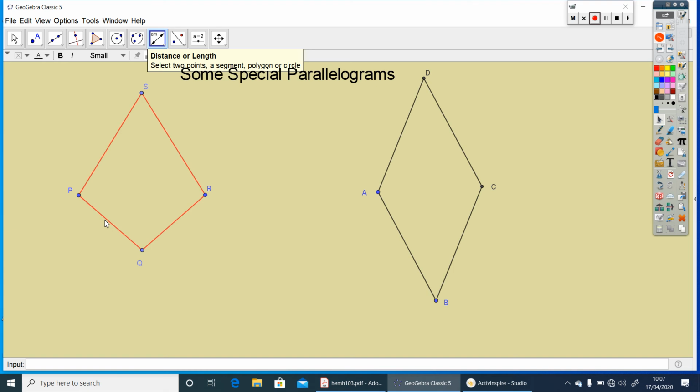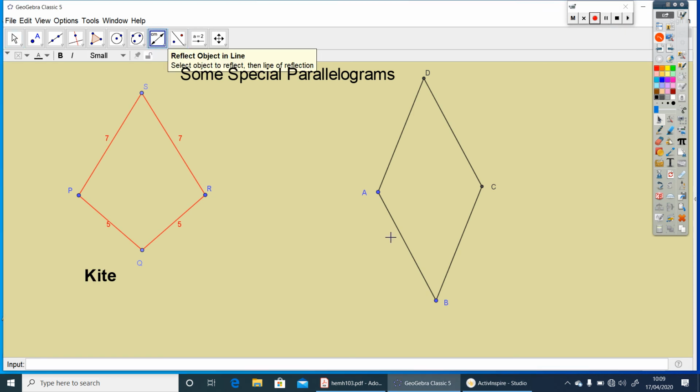Here PQ is equal to 5 units, QR 5, these two are 7 each. That means adjacent, consecutive, distinct adjacent sides are equal. This type of quadrilateral we call a kite.